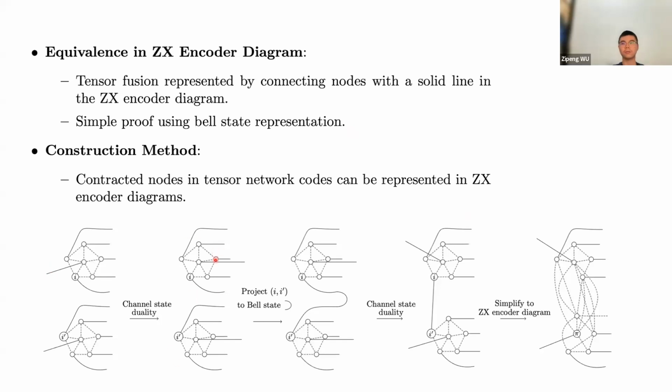Now these two are stabilizer states. Then we project the specific qubits, I and I prime, into the Bell state, which is represented by this cap. And we turn the output back into the input, and this fusing is accomplished.